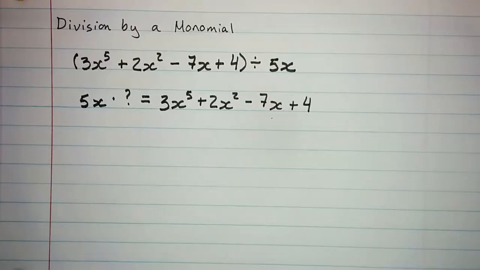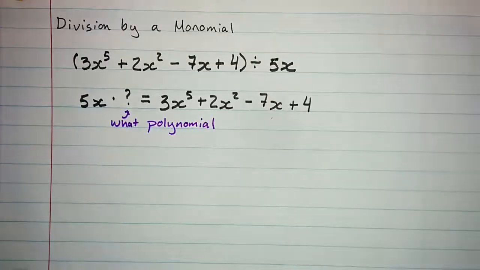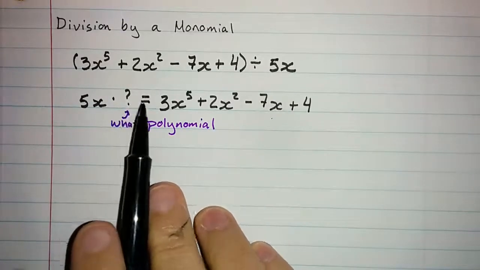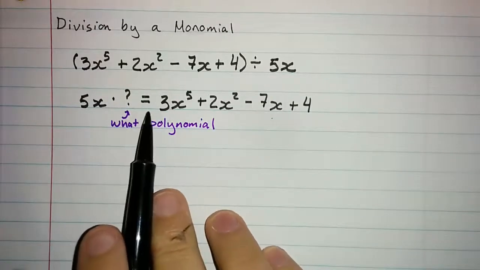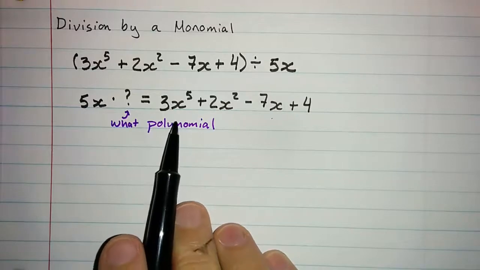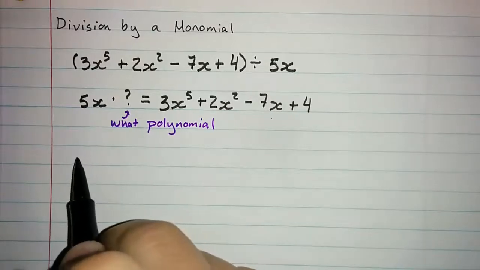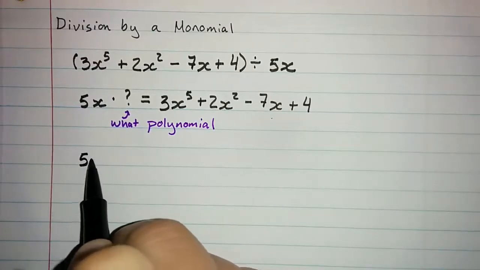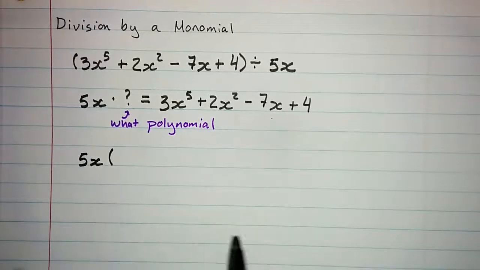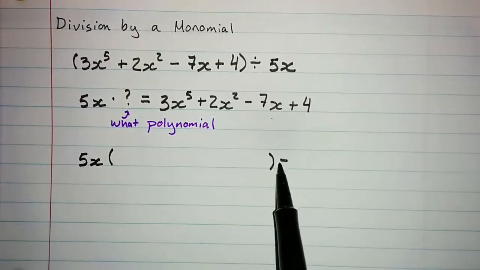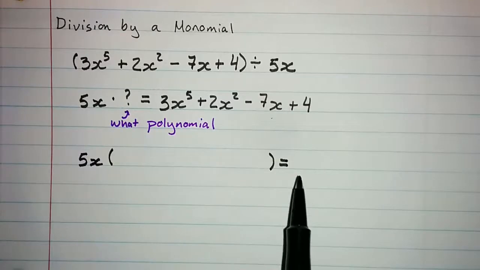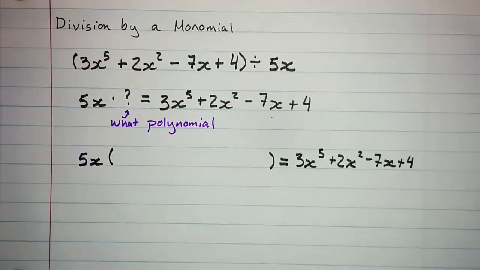And when we say what, we mean what polynomial? Well, if we multiply 5x by a polynomial, we'll just multiply term by term, won't we? So we'll have 5x times something gives us this result that we want.